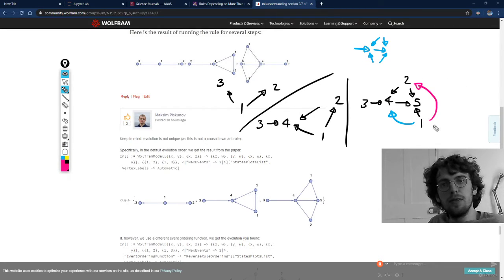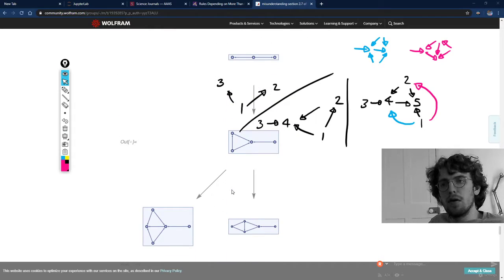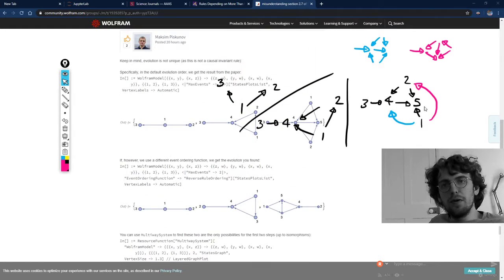And we've got in this one, the pink one, is 3 to 5. 2 comes down to 5. You get that. So it's which one of these, which way round we attach this.